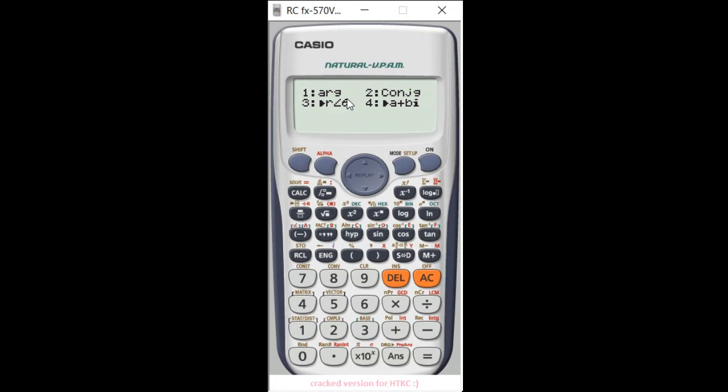It's the r with that angle thing, theta. You press 3, and you press equal, and it'll convert that complex number in rectangular form into your polar form, right? Obviously, we've learned that this is actually the phasor, so we get the magnitude at a respective angle. So I've explained what all of this is. I don't know if you guys have actually gone over this.